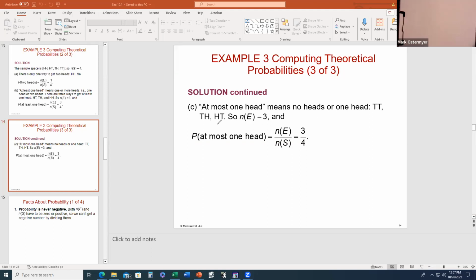How many ways can 1 head occur? Well, we could toss a tail and a head, or a head and a tail. There's 2 ways there. Or we could toss no heads, which would occur 1 time, tossing a tail and a tail. So there's 3 possible ways of tossing at most 1 head out of 4 possible outcomes. The answer is 3/4 for that probability, or 0.75. Is this making any sense? Computing probabilities, assuming that each outcome has an equal chance of occurring on any given trial of the experiment, using this theoretical probability model. Are we all good on this way of computing probability so far?